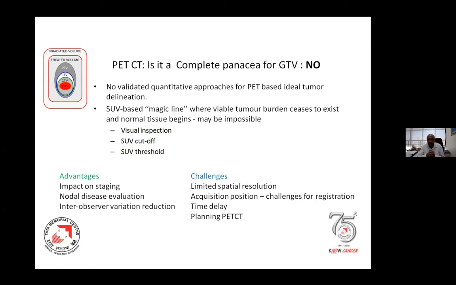But definitely PET will help in inter-observer variation reduction, and it has made a big impact on staging, like in lung cancer and many other cancers. It is something which is a must, or a very excellent one-stop shop for staging or seeing the extent of the disease.